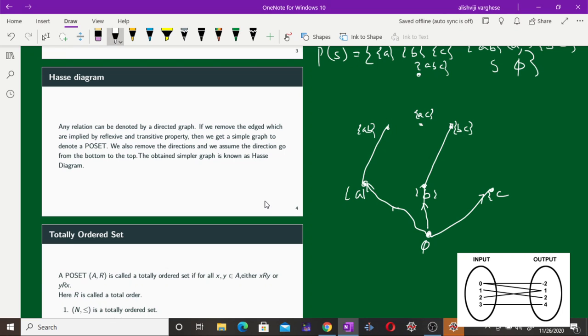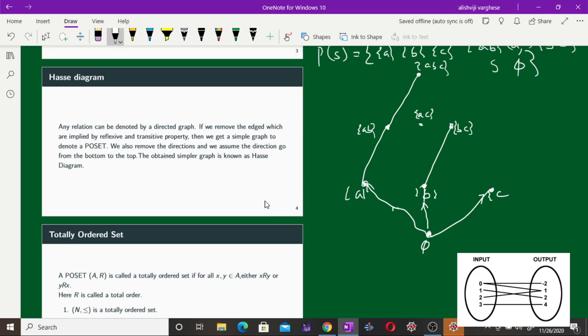And since phi is a subset of A, A is a subset of AB, and AB is a subset of ABC, we can ignore the edge from phi to ABC. And in a similar way, since set A is a subset of AB and AB is a subset of ABC, we can ignore the edge from set A to set ABC.